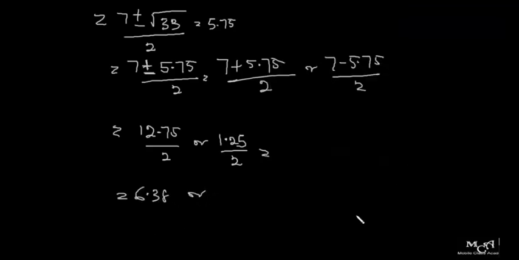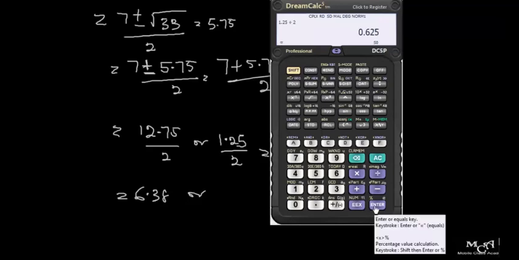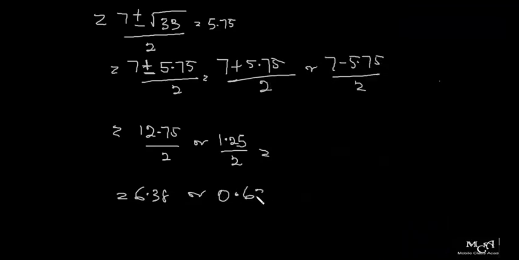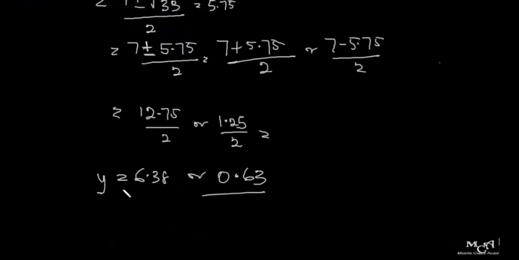Or 1.25 divided by 2 is 0.63. So our x, or what value are we looking for? Sorry, we are looking for y. Our y equals 6.38 or 0.63.